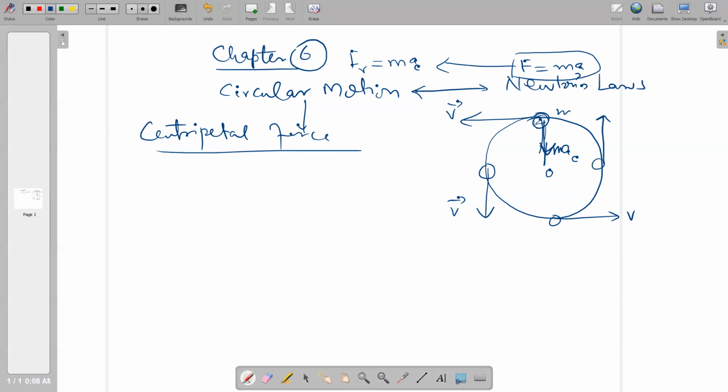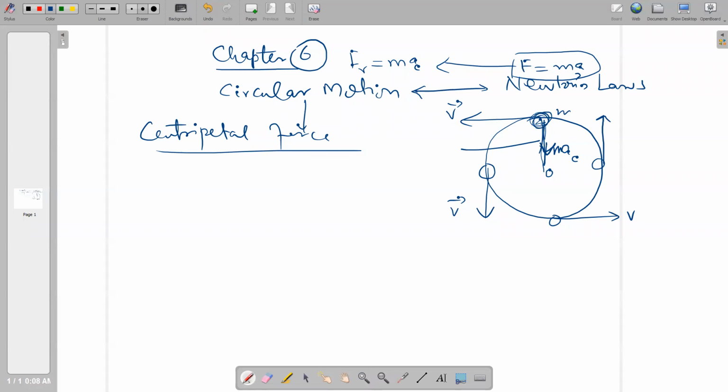So let's see here. If a body is moving in a circle and you attach this mass with a string and you want to move it in a horizontal circle, this is a horizontal circle. So surely you will apply a tension force on this string. So this tension is providing the centripetal force.